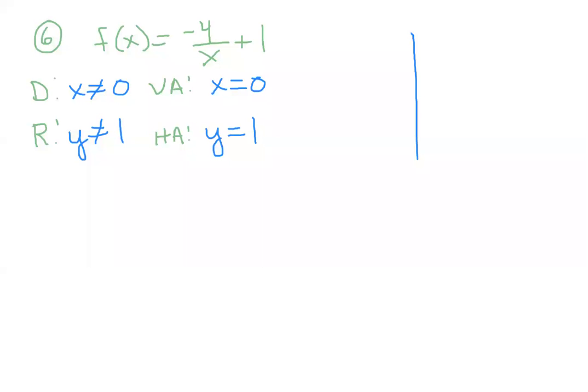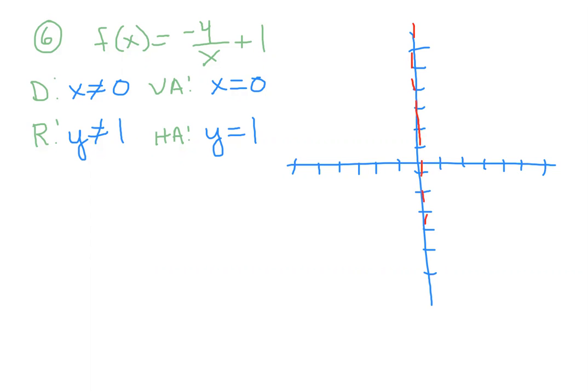Let's go ahead and graph it. And our vertical is x equals 0. Our horizontal, y equals 1.